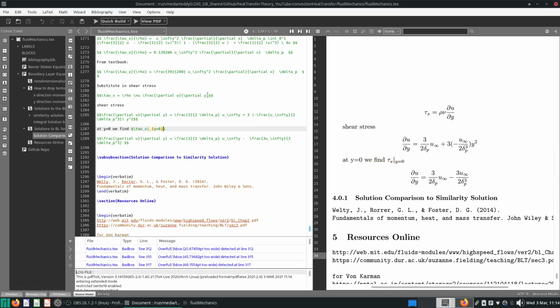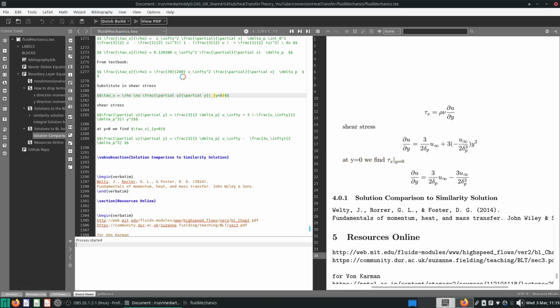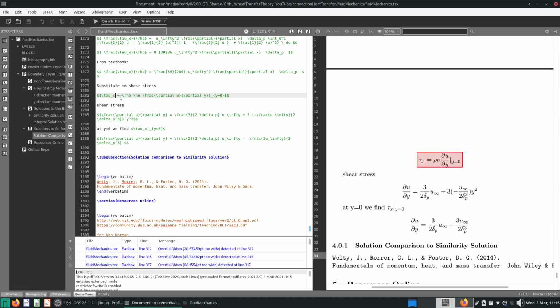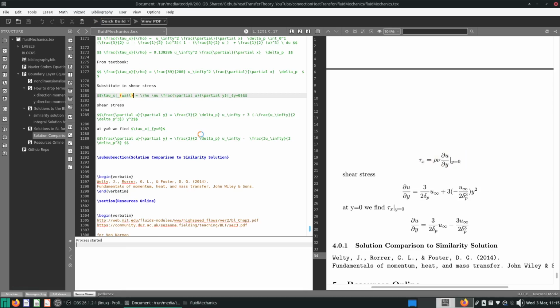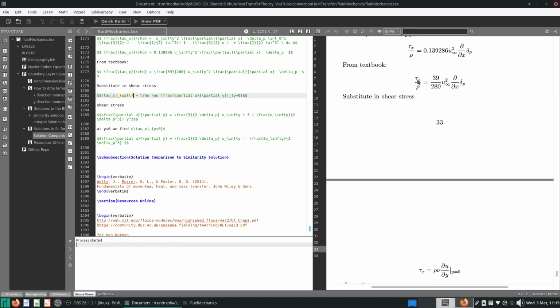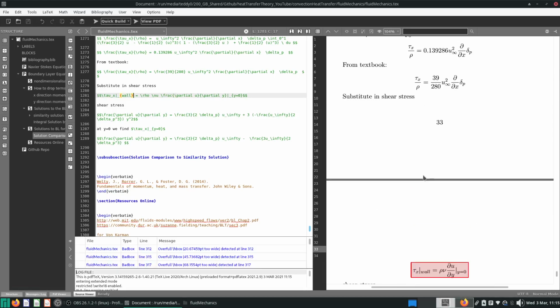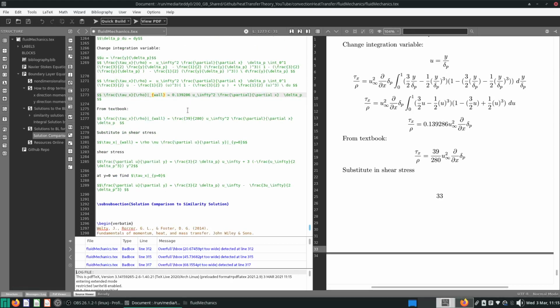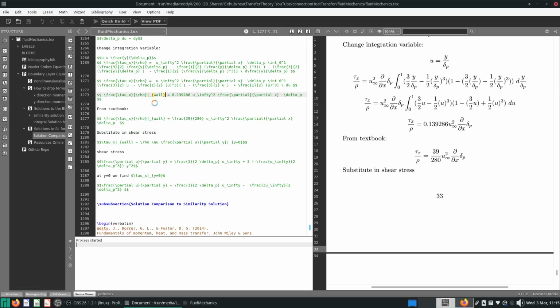So just to make things clear and to avoid confusion, let's put y equals 0 here. So this is the correct boundary condition. Tau x at the wall, that's what we are interested in finding out. I just want to make it very clear here, so no confusion, yeah?